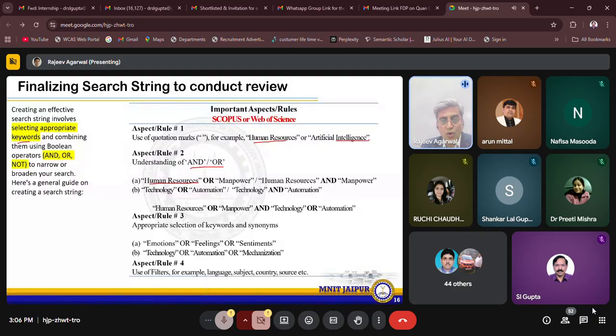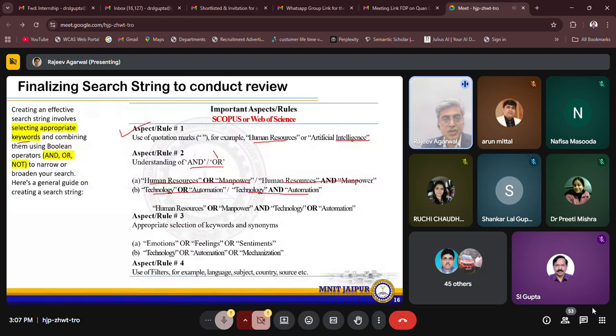Human resource OR manpower. This is one of the Boolean operators. Human resource AND manpower. Technology OR automation. Technology AND automation. So you can select according to these Boolean operators: human OR manpower, and technology OR automation. This is the third. So this is aspect rule number 1.